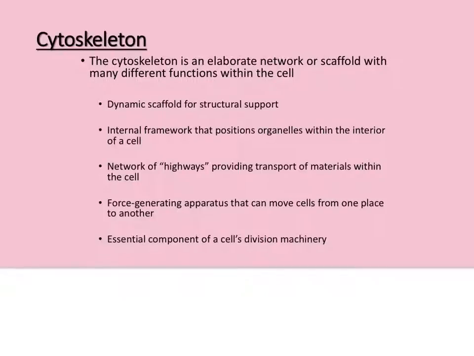Now, the cytoskeleton has lots of different tasks. It's this huge network of proteins that does all kinds of different functions for the cell. The first thing we say is it is a dynamic scaffold for structural support. What does it mean if something is dynamic? It means that it's changeable.